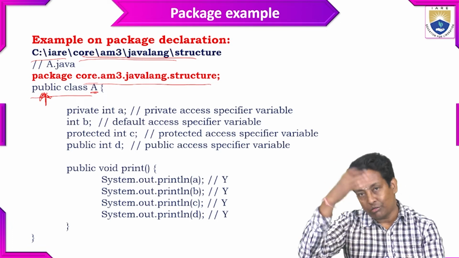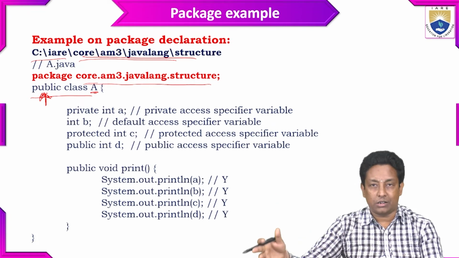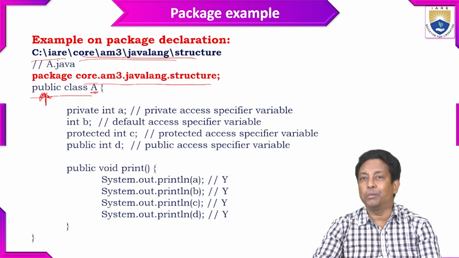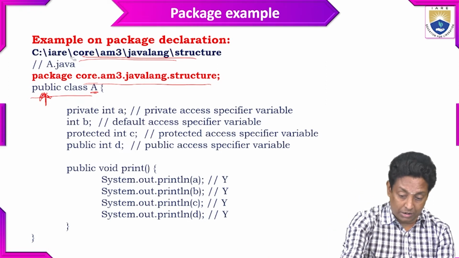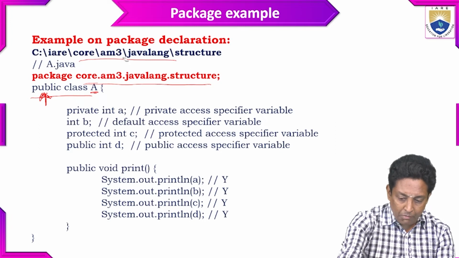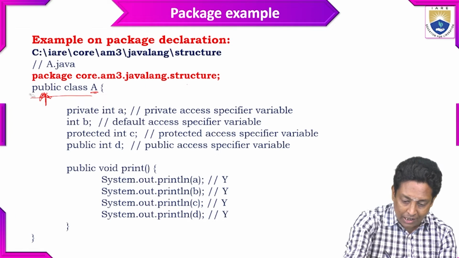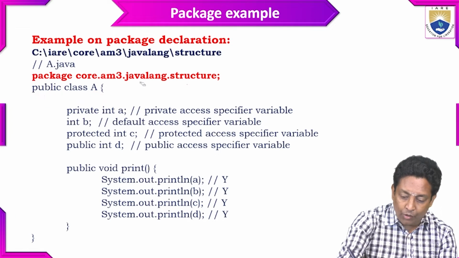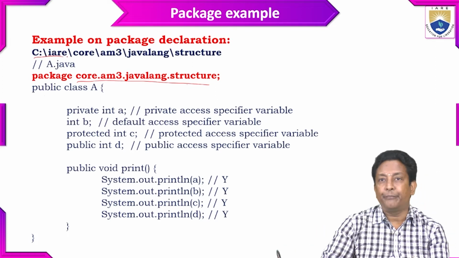So wherever we go to another directory and say import core.am3.javalang.structure.A, the class will be imported. If you want to make classes reusable, the current directory must be declared as a package and the class must be declared as public. Whatever we declare as a package, its parent directory must be updated in the classpath.